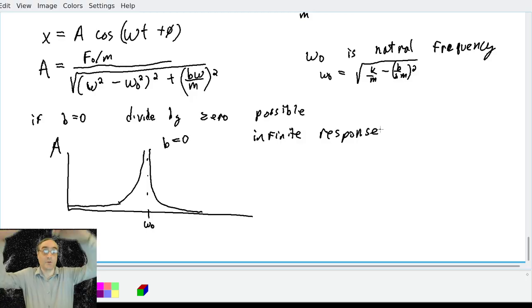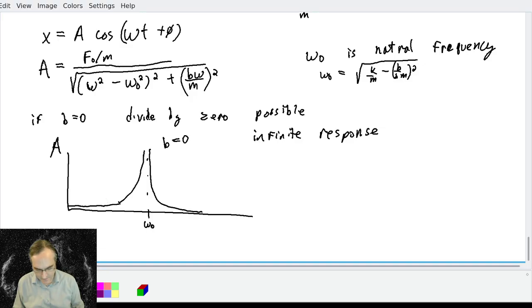The amplitude will increase without limit as you approach omega naught. Now, fortunately, things are a bit more well behaved as we go to other values. If you make b small, you'll get a bit of a shorter peak. It will never actually try to go to infinity, and if you make the damping large, it will actually stop at a more reasonable value and not try and go to infinity at all.